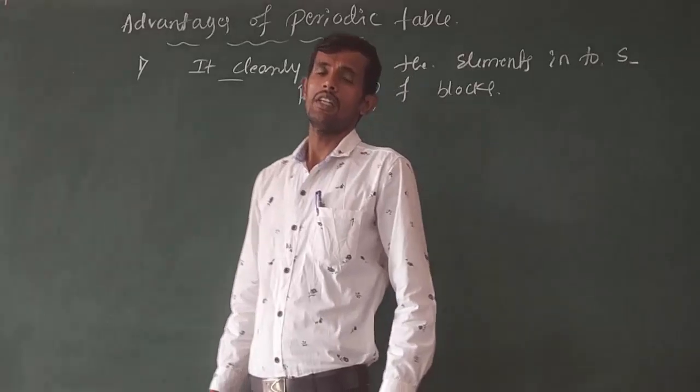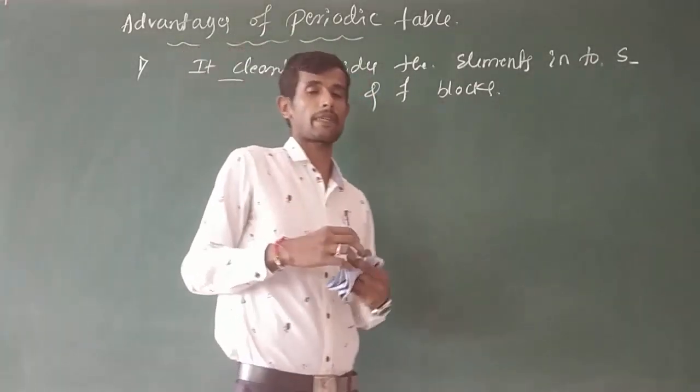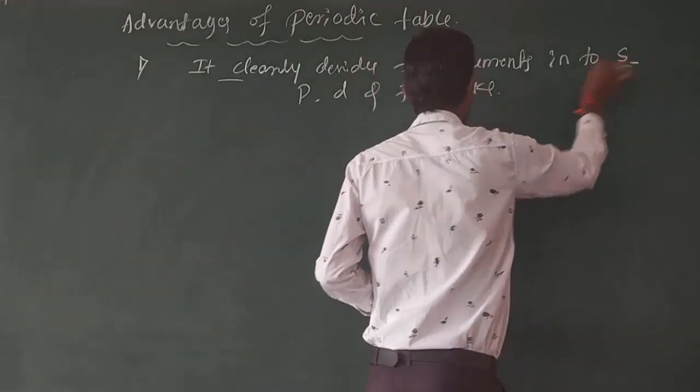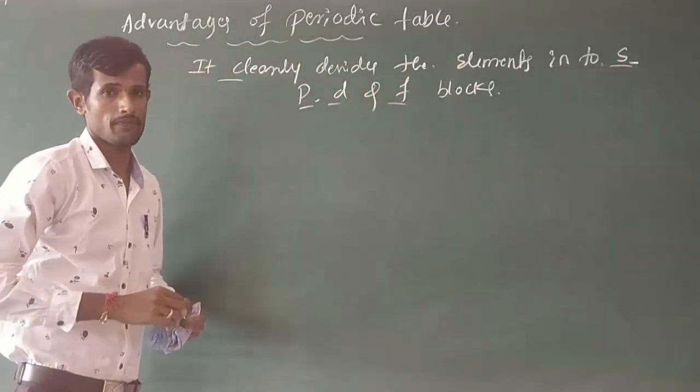Students, you already know that in the periodic table there are 4 types of blocks present. What are those? S block, P block, D and F block elements.